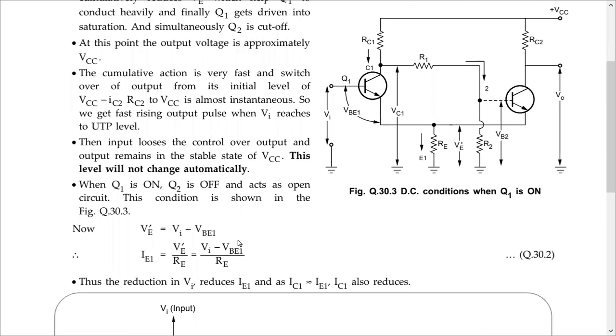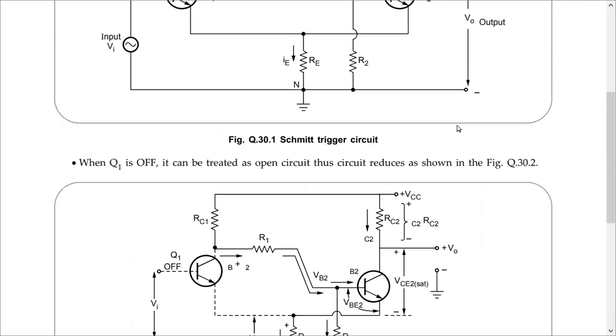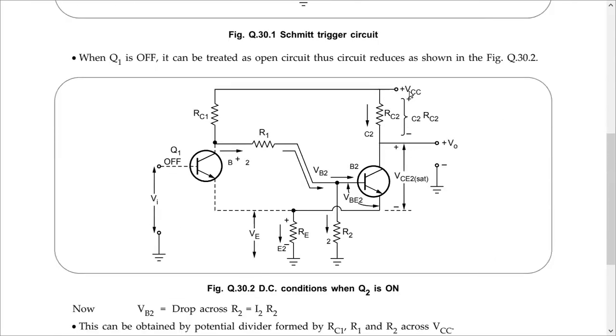Now here, when Q1 is on, the current flows in this path: VCC, RC1, then the transistor, then RE. When Q2 is on, the current flow happens in this path: VCC, RC2, VCE, and then RE.